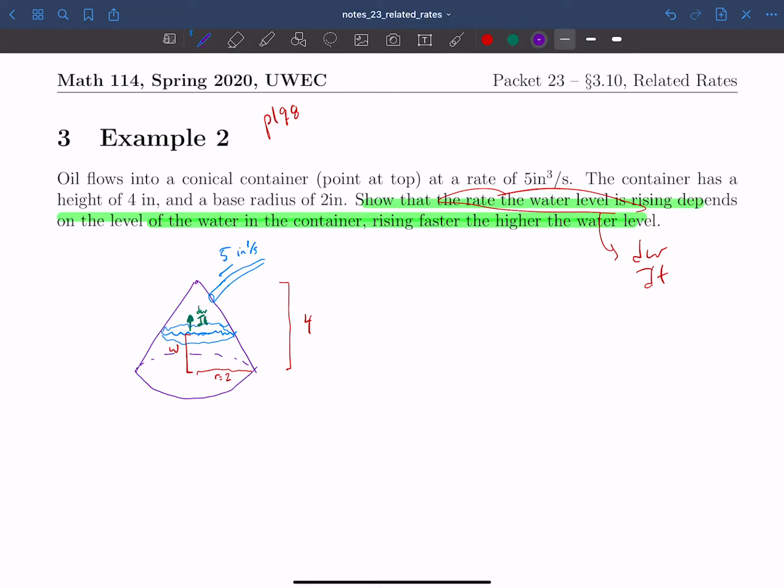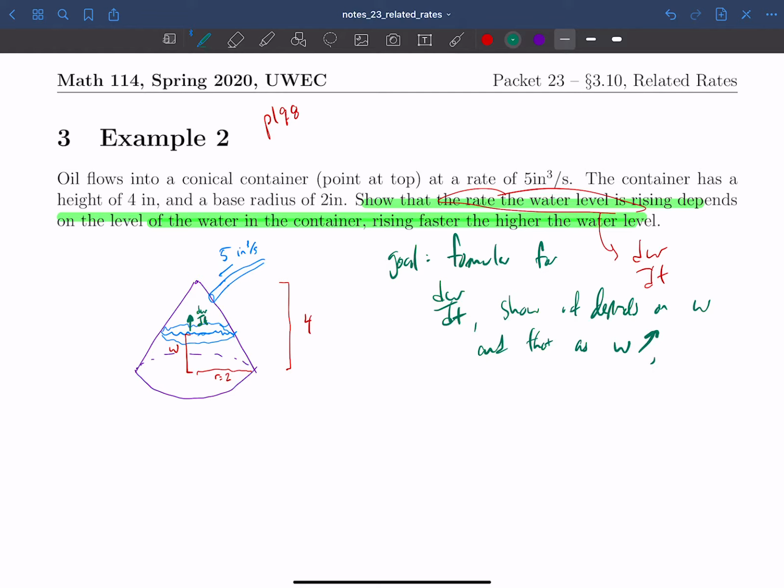Okay, so our goal is a formula for dW dt, and show it depends on the level of water in the container, W, and that as W increases, dW dt increases also. I think that's our goal. So we need to derive a formula for dW dt.